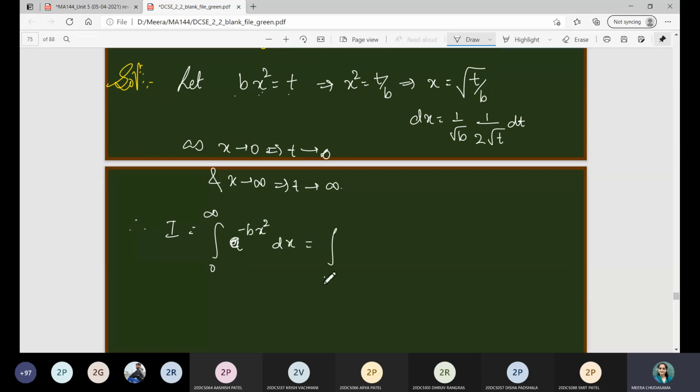dx will be what? So integral 0 to infinity a raised to minus t, and dx will be this one, 1 upon 2 root b t raised to minus 1 by 2 dt.